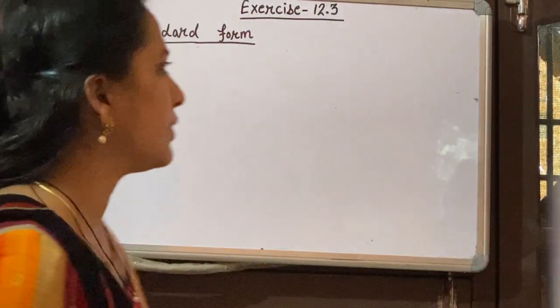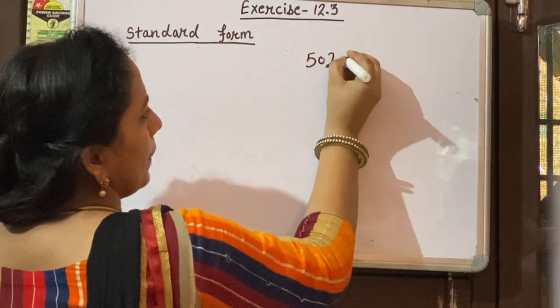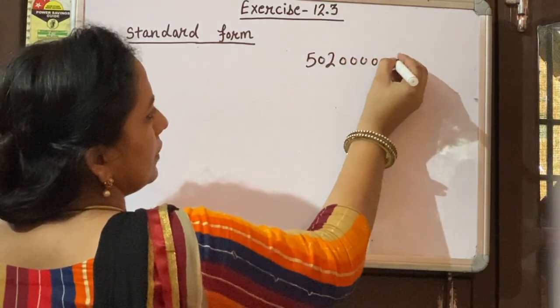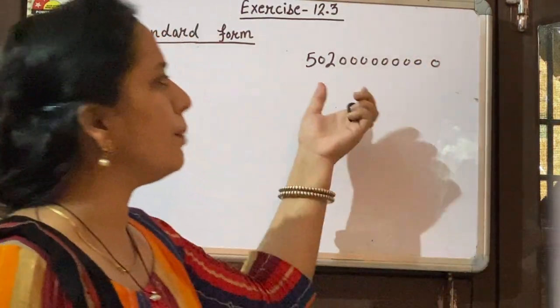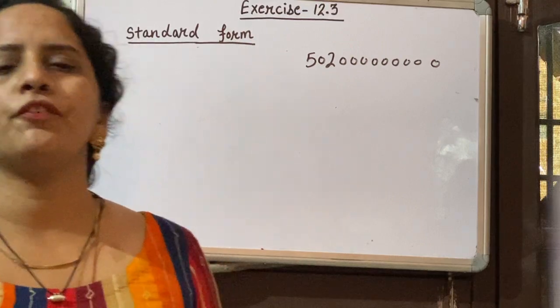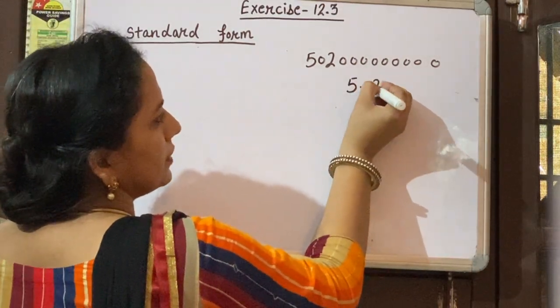For example, if there is any large number, this is a very large number, there are so many zeros, but in standard form it is easy to read and easy to write.